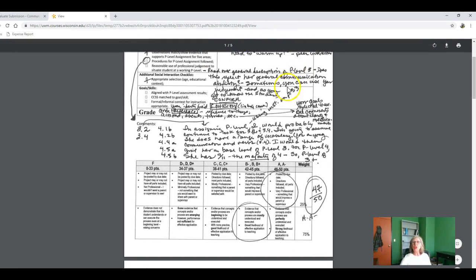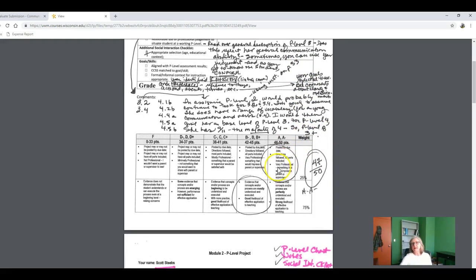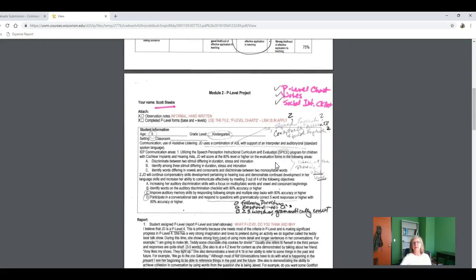This is on page 33 of the P level section of your Starting with Assessment spiral book. So I would say that hers is a P level 3 plus, and that is what I would assign her using the rules of the P levels.